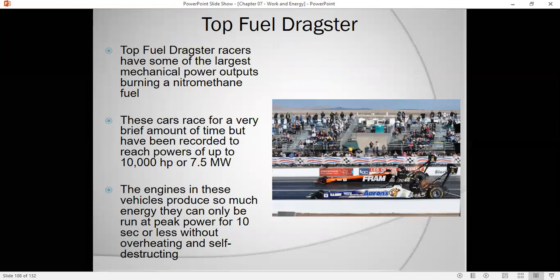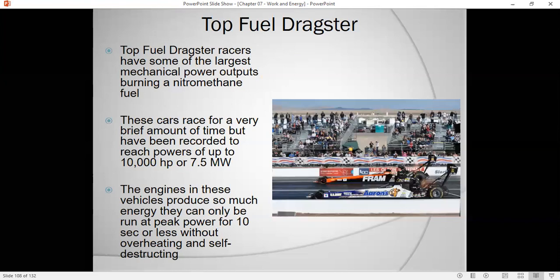Okay, it's our fuel dragsters. These races are crazy. I don't know what the excitement about this is other than pure speed, because they are just racing to go as fast as they can in a short amount of time. These engines are insane.